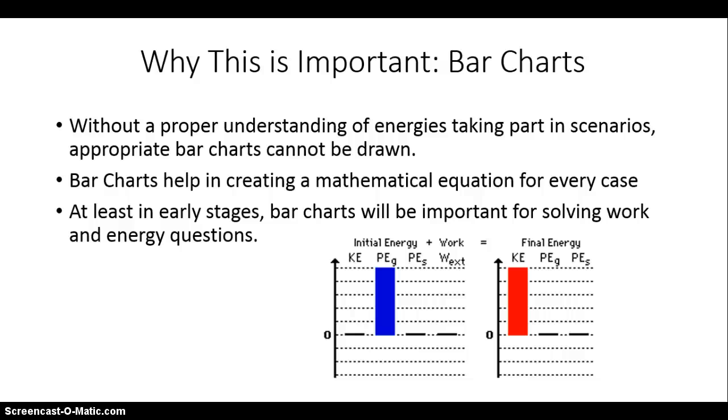When using these bar charts, we want to make sure we have the right types of energy so that regardless of whether we defined our system to be with Earth inside or outside, we get consistent answers.